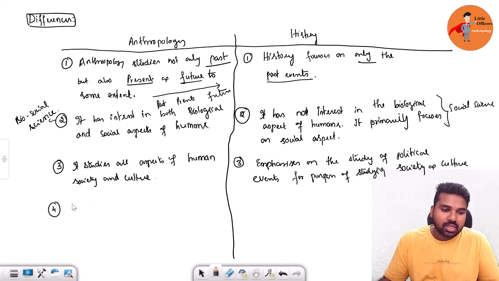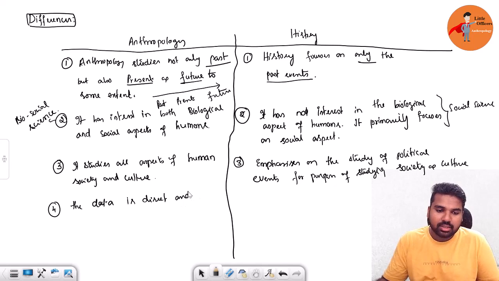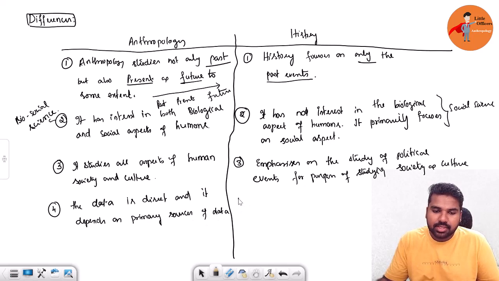Please write. The data is direct, and it depends on primary sources of data. Whereas in history, the data is indirect because the researcher did not collect the data by himself.